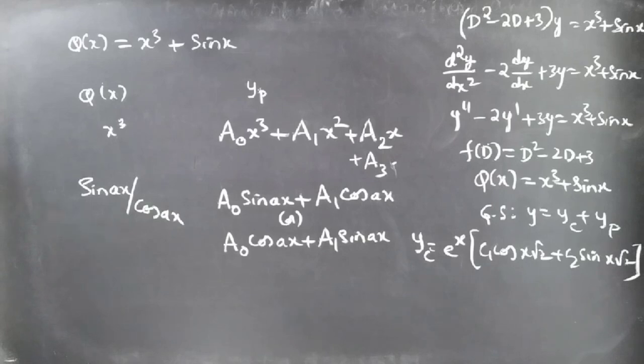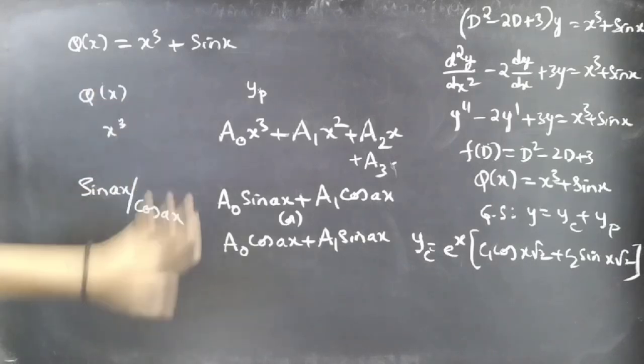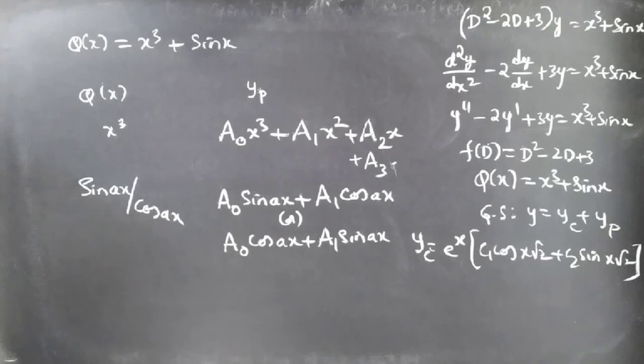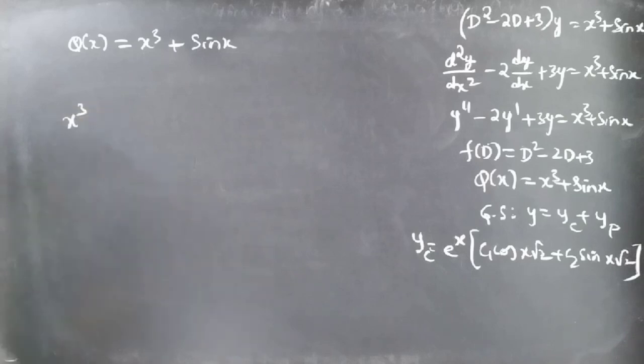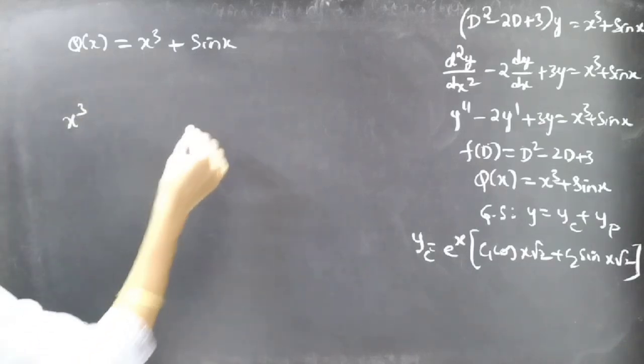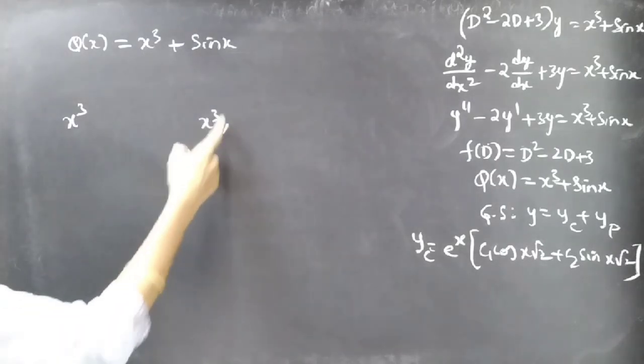Now, without blindly remembering the formula, we'll see how to choose yp using q of x. See, q of x has a term x cube. Now yp should contain a term which is in q of x, right?